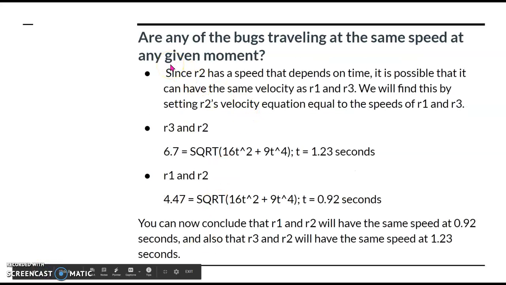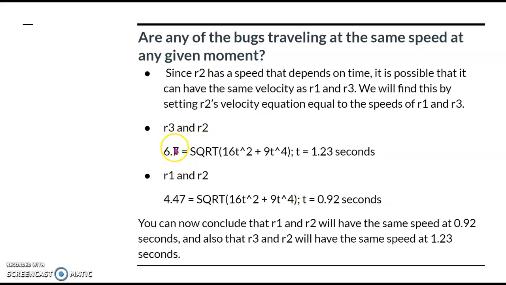Okay, so do any of the bugs have the same speed at any given moment? Well, we know that the speeds for R1 and R3 are constant and they're different, so they're never going to be equal. However, R2 changes. Therefore, there must be a time at which its speed is equal to each one of those other vectors. We can figure that out by setting the magnitude for R2 equal to the magnitude of R1 and R3.